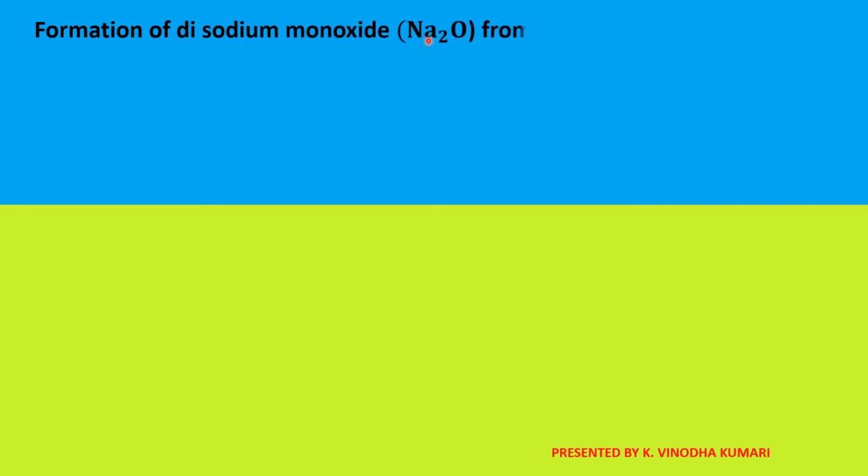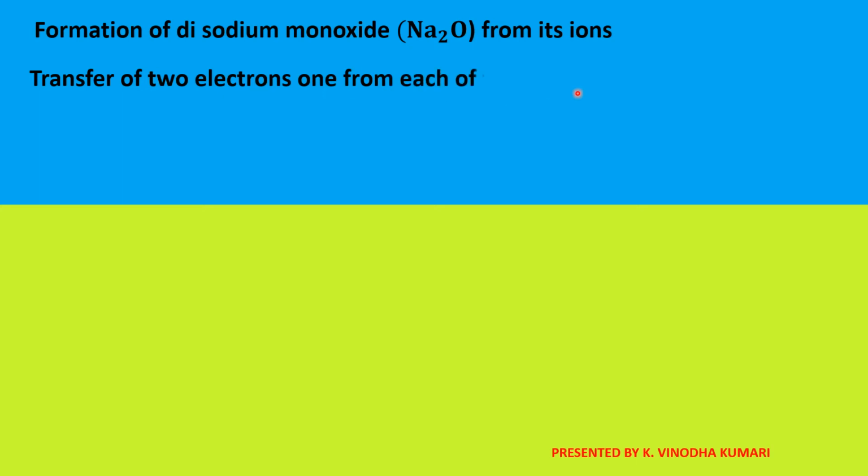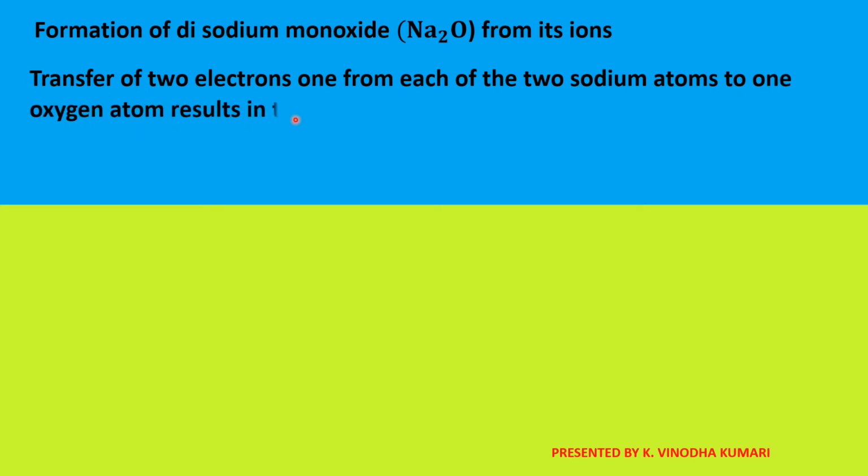Just now we have seen that 1 electron each from 2 sodiums are transferred to oxygen because it is short of 2 electrons, which results in the formation of the cation as well as the anion.